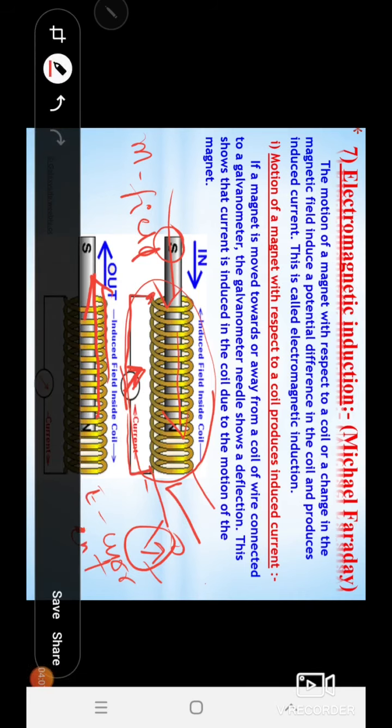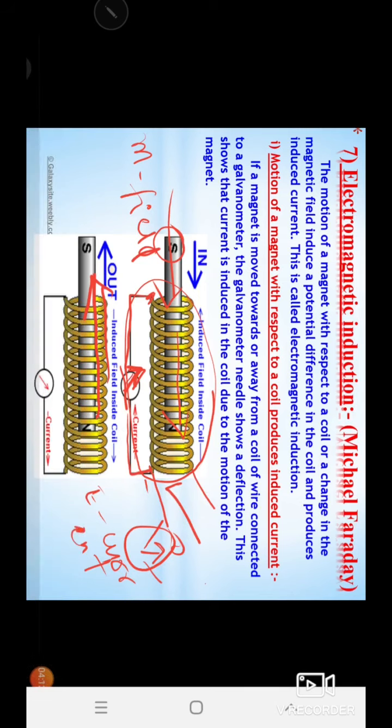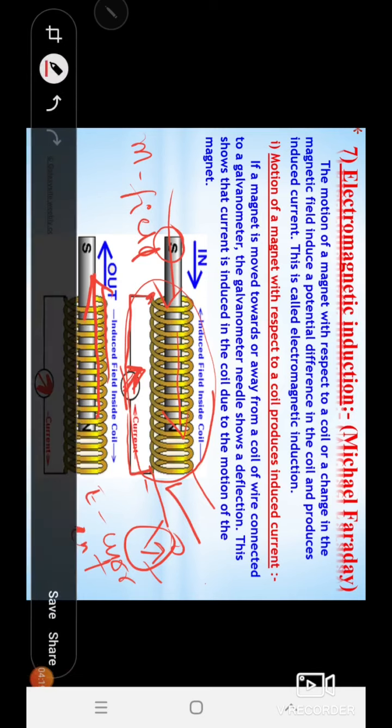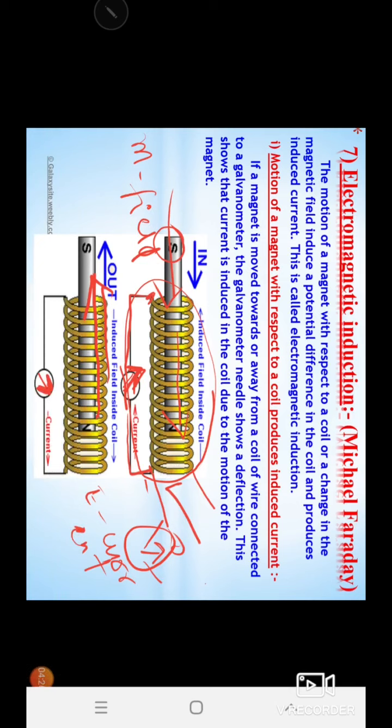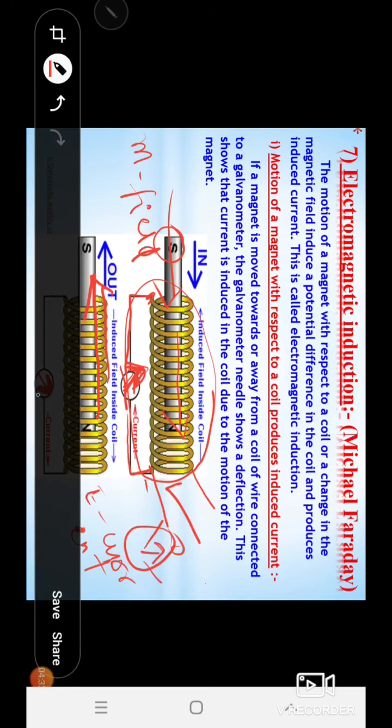The deflection indicates that current is produced. In the first case it is towards the left side, but in the second case it is towards the right side, which indicates the direction of current. In the first case the bar magnet is kept inside, so the galvanometer shows deflection towards this side. In the second case we are removing the magnet, so the direction of current reverses.